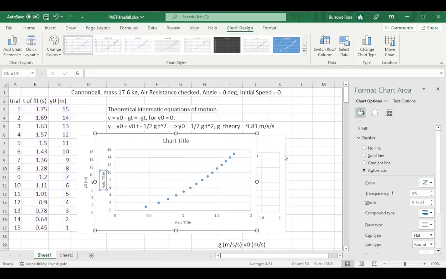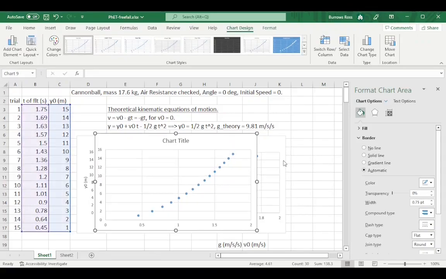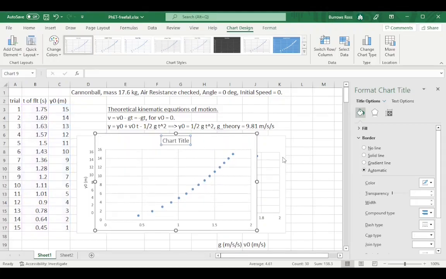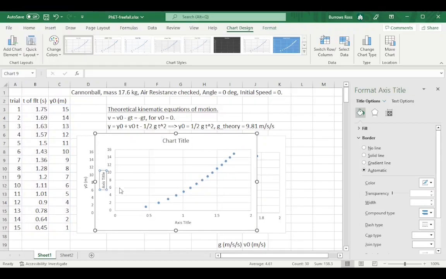Here you could click chart title. You click on that, it's already got one, or I could get rid of it. My chart title. I can do axis titles, and I can format them. Like for example, this one here, I could go, okay, it's Y0, and I'm measuring it in meters. Very important to include units.